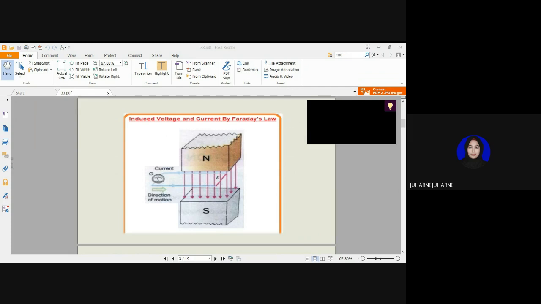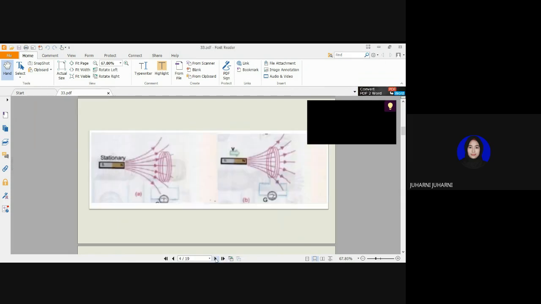Now we do this experiment, same as this picture, but in a different way. Now we keep the loop steady, and we move the position of the magnet.